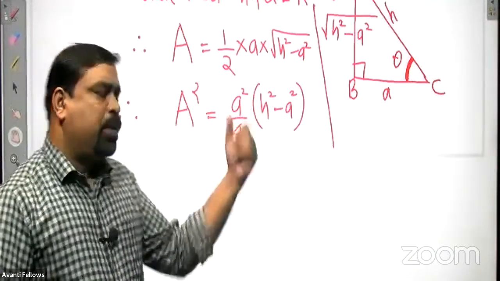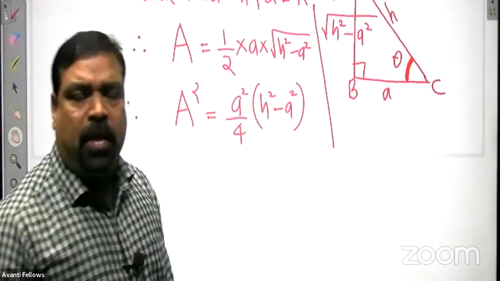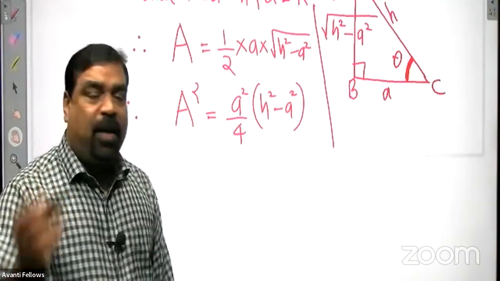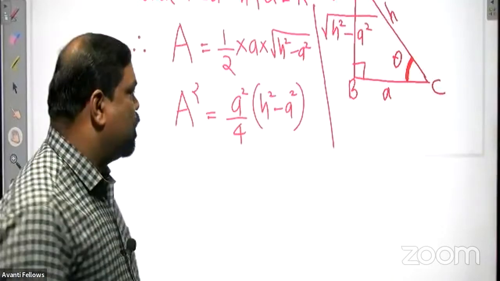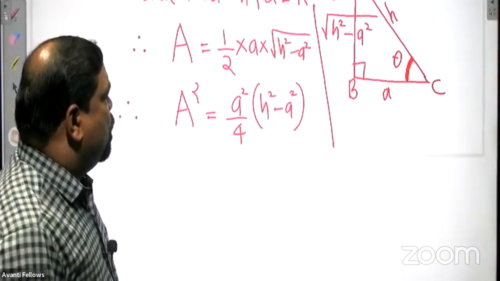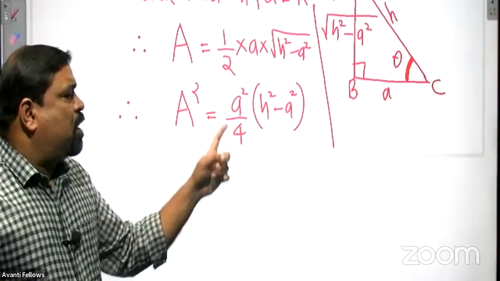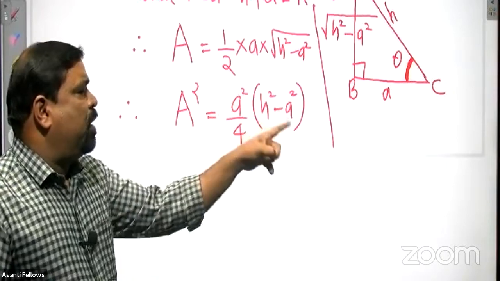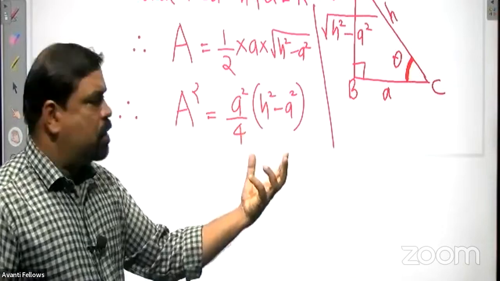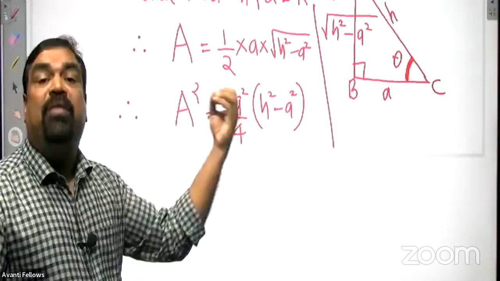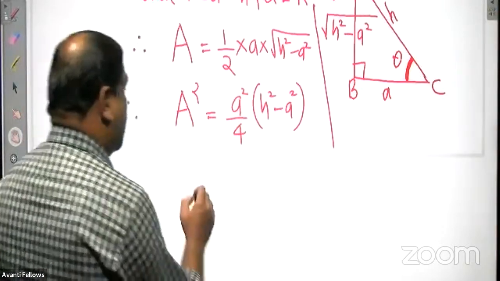If you take the square also, there won't be any change in the critical point. Whenever A is maximum, A square is also maximum. This is a function that contains two variables, H and A, both variables, not fixed numbers. So we have to convert it into one variable.